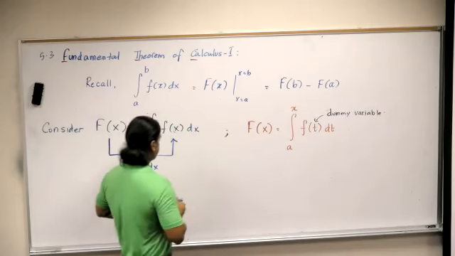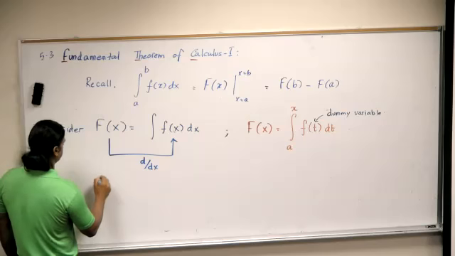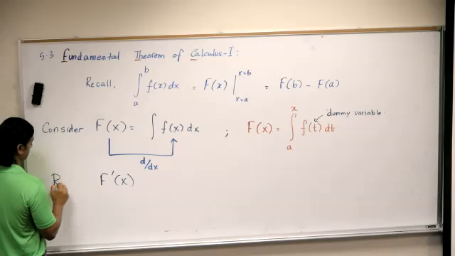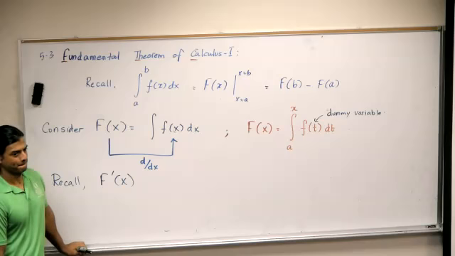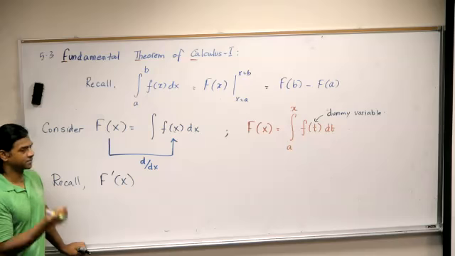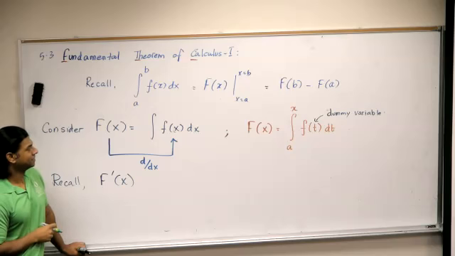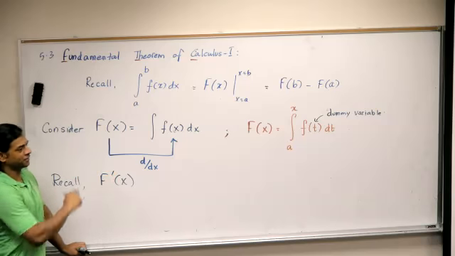What is the derivative F prime of x by definition? Going back to unit 1. This is unit 4, going back to unit 1.